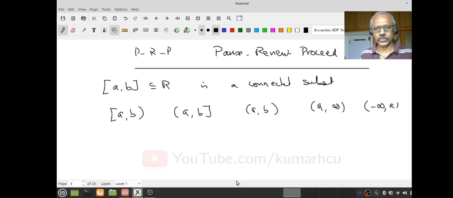Do you remember we already proved that if a subset of R is not an interval, it is not connected? Now what we want to say is that any interval of R is connected. We proved only this one, now we want to prove all such things.